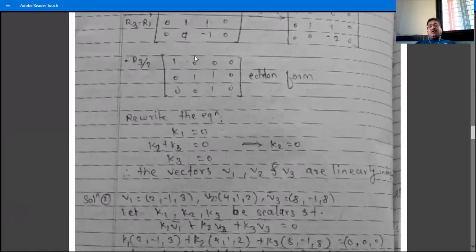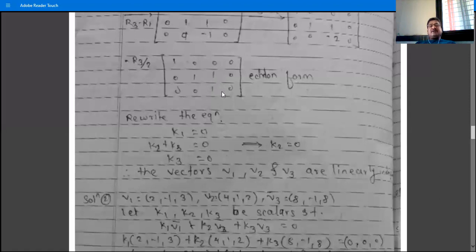Why is this a homogeneous system? Because all the right-hand sides are equal to 0. But if you write it, rank of A is 3 and rank of AB is also 3, because this whole matrix is the echelon form of the matrix AB, and these first three columns are the echelon form of the matrix A.